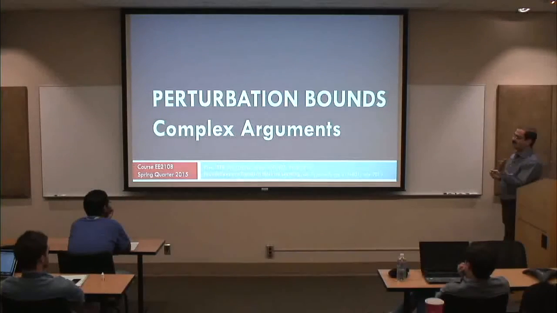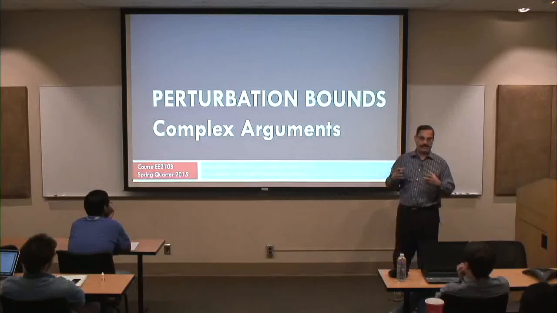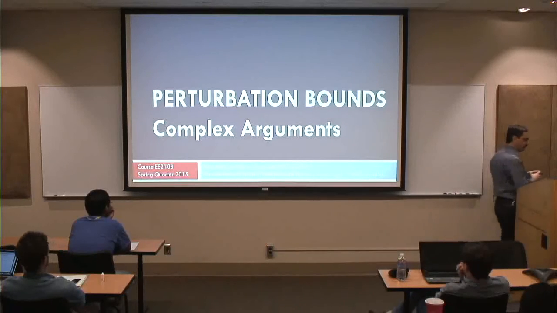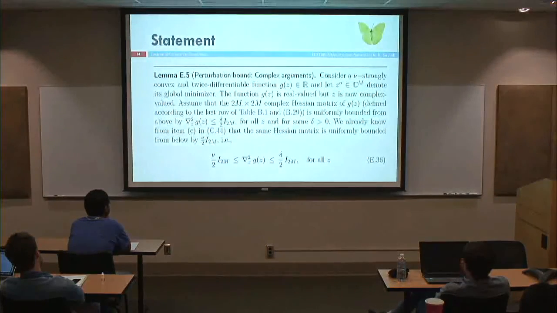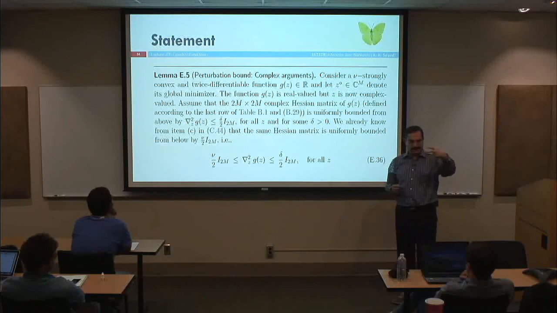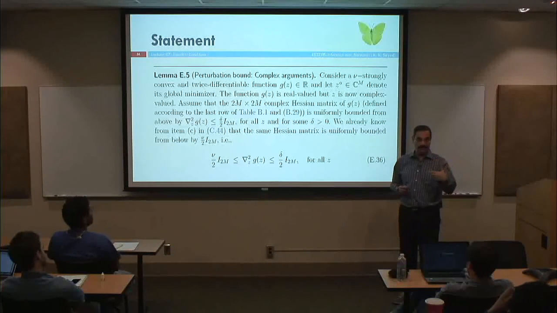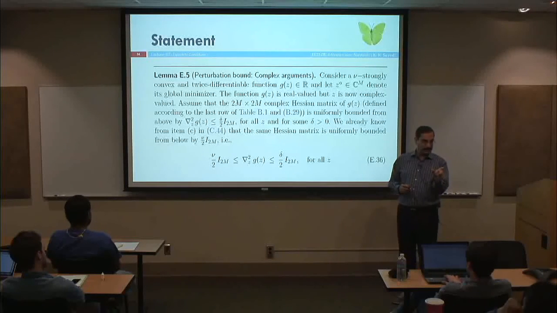Let's extend these results quickly to the complex case. I don't need to go through all of the arguments because you already know the extensions are not that difficult. So the first statement, remember, we have a mean value theorem. We have two versions of the mean value theorem for complex arguments, for increments of g and increments of the gradient of g.